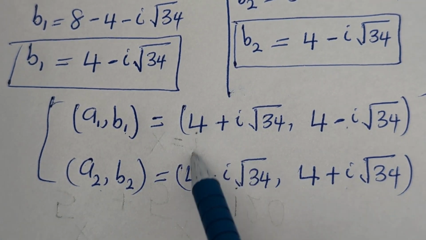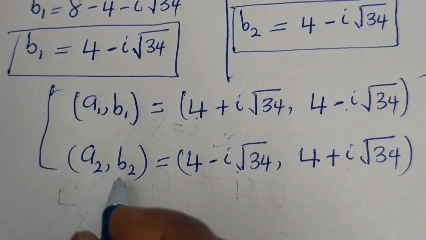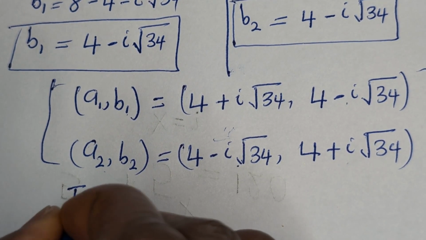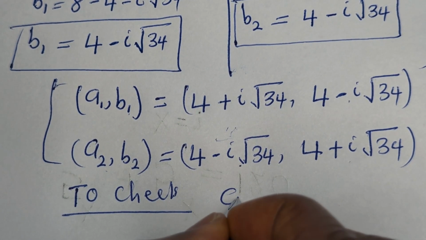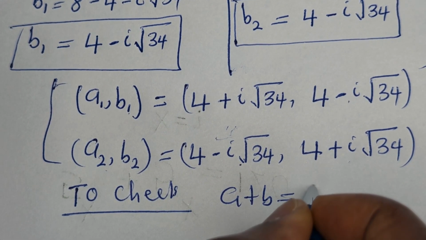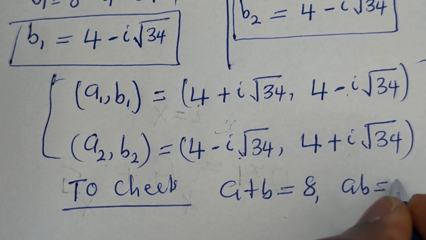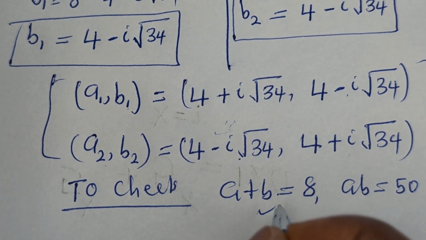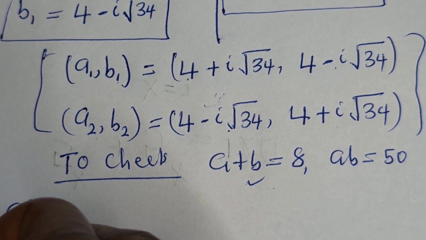Then we may check to confirm if this answer is right or wrong. In order to check, we have the given equation. a plus b is equal to 8. ab is equal to 50. Now let's consider this. We have a plus b.